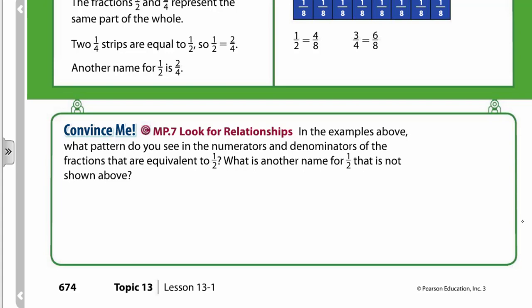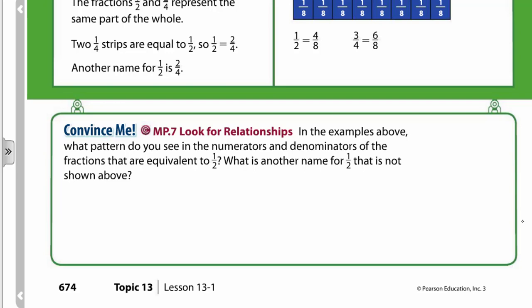In the example above, what feature or pattern do you see in the numerator and denominator of the fractions that are equivalent to 1/2? What is another name for 1/2 that is not shown above?